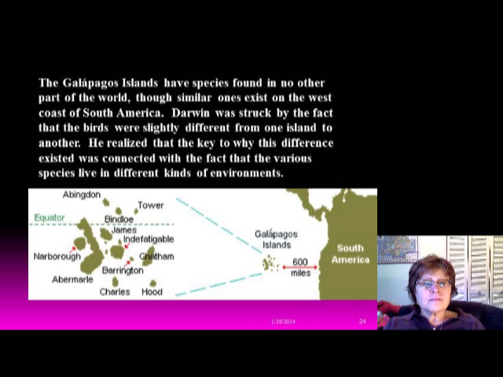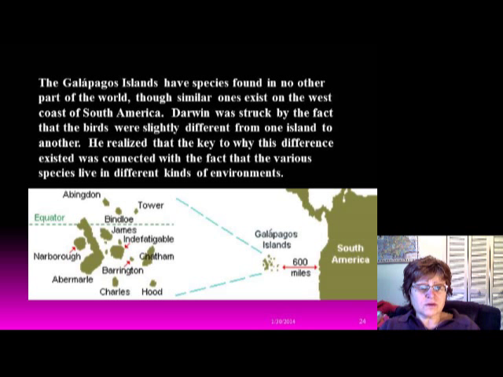He realized that the key to why this difference existed was connected with the fact that various species live in different kinds of environments. From island to island in the Galapagos Islands, the environment is slightly different, so the animals have to adapt to those specific conditions. So it was very, very important.